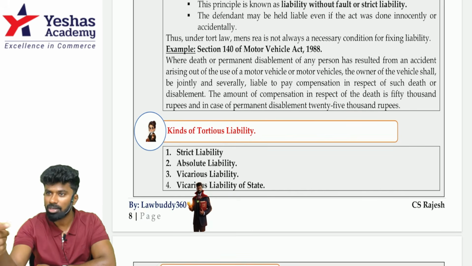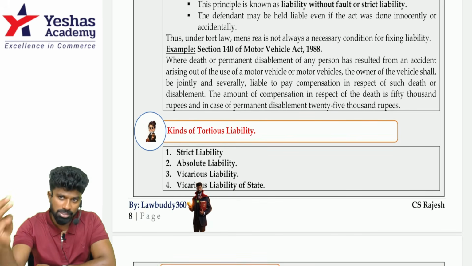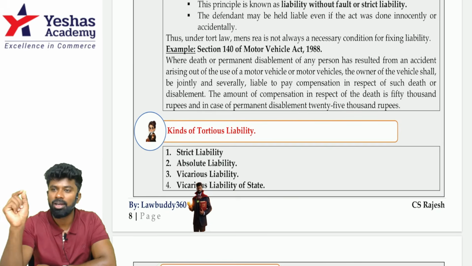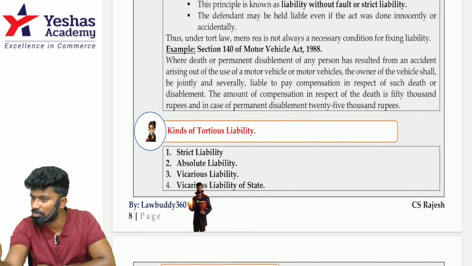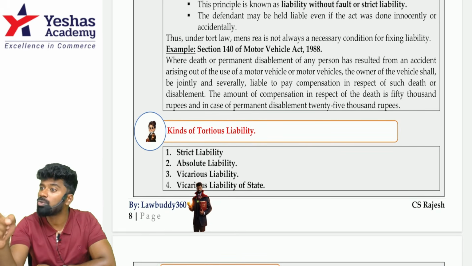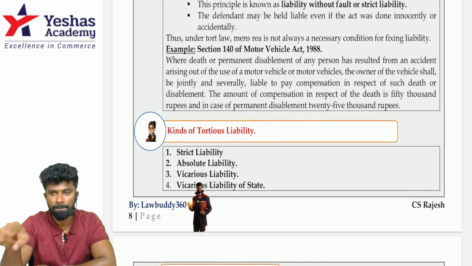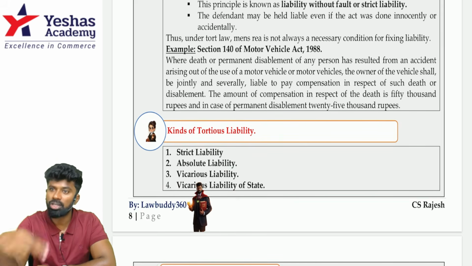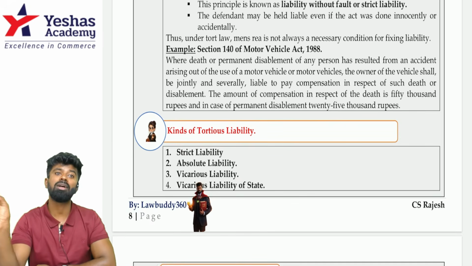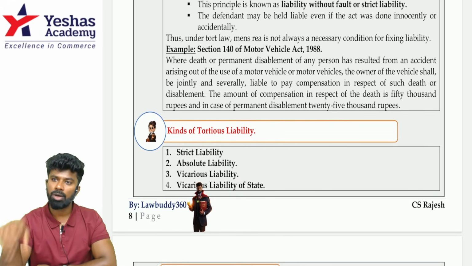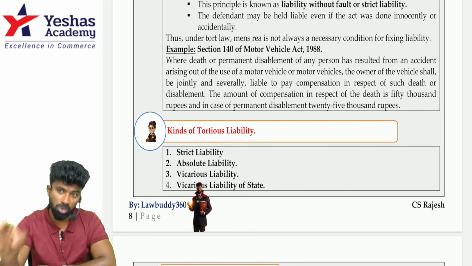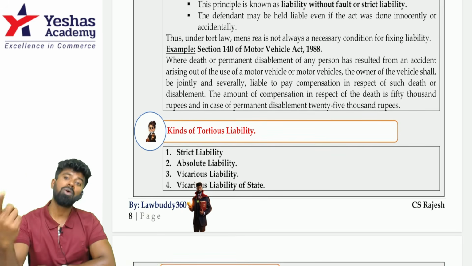Understood? Yes or no? What are the three essentials required for the applicability of Ryland versus Fletcher case law? What is the first one? Non-natural use of land. Second one, it should escape. And third one, cause harm. Is the one who brings the dangerous substance responsible with fault or without fault?